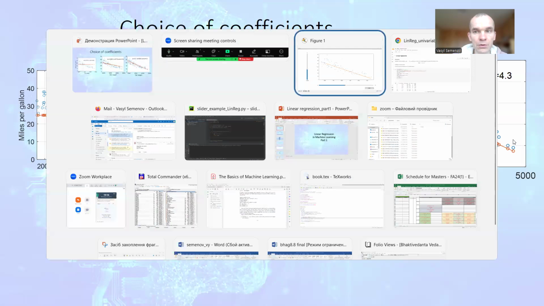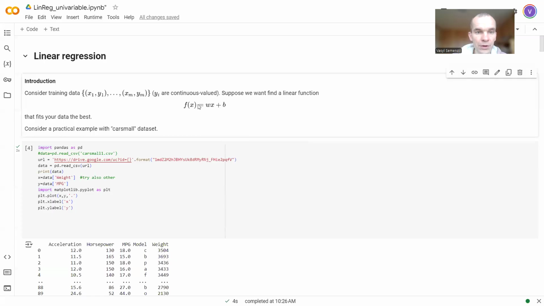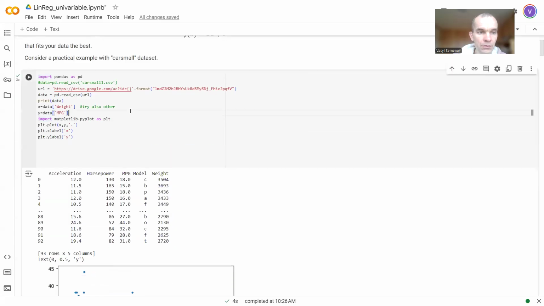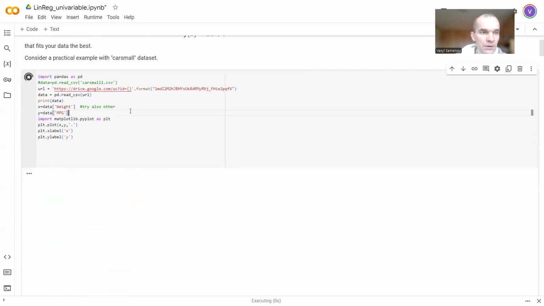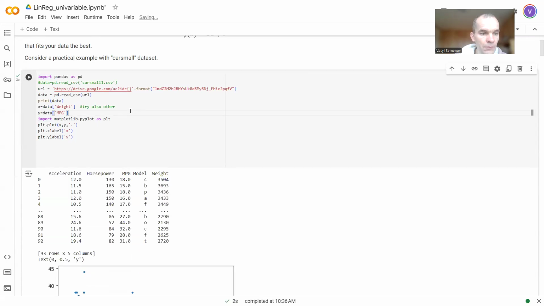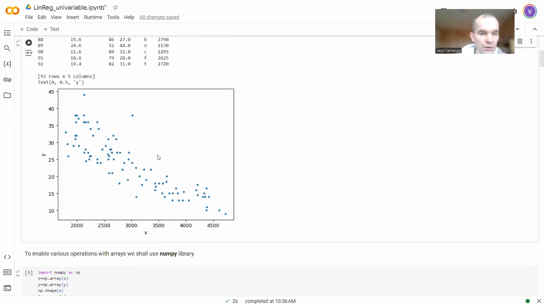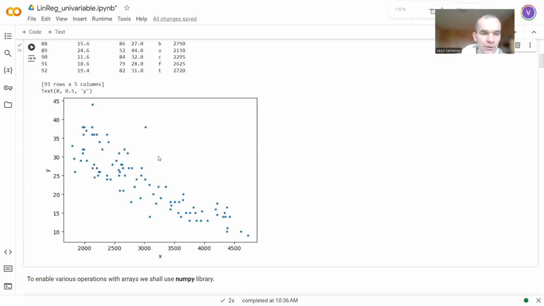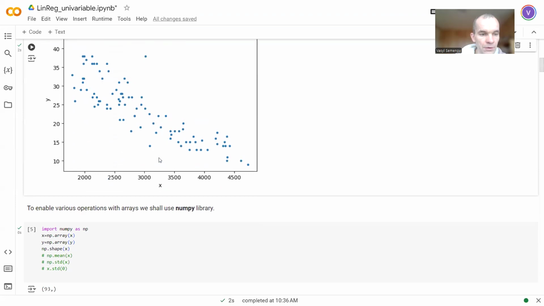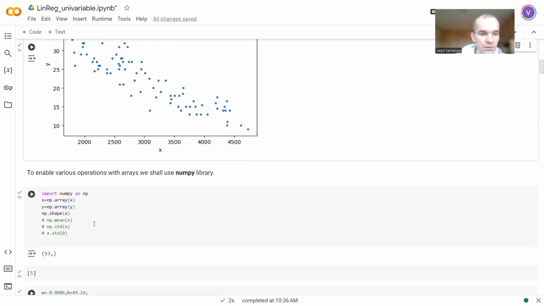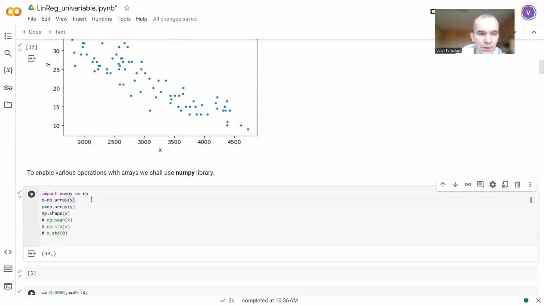Let me go to the Colab, and I will load this data, x and y. Here I plot them, exactly as you have just seen on the slide. Using the NumPy library, we are converting x and y to NumPy arrays.